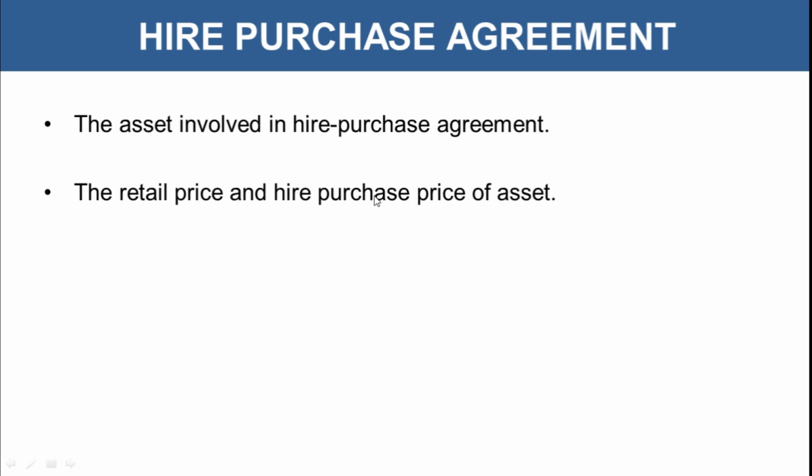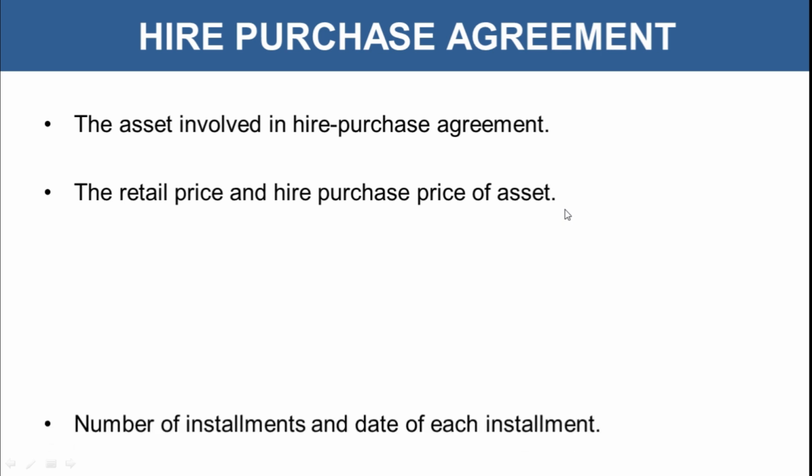Now hire purchase price will be different from retail price because some additional amount will be added to it. Since you are making payment on installment, it will be a little extra, which we call interest charges will be involved. So the retail price and the hire purchase price of the asset will be mentioned there in the agreement.